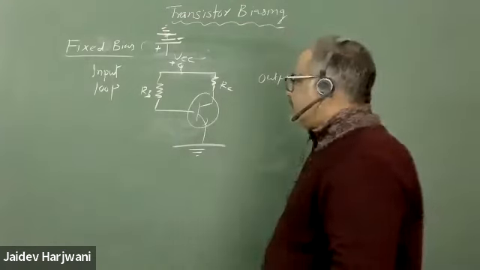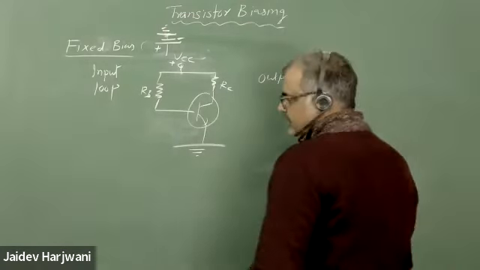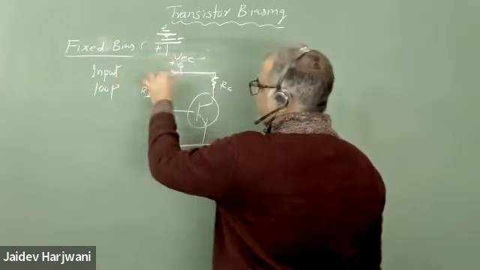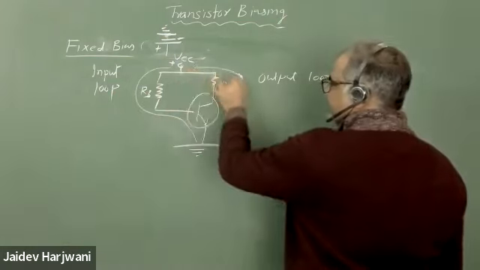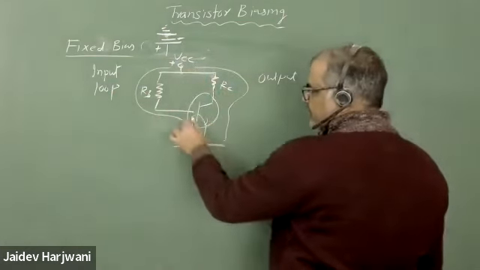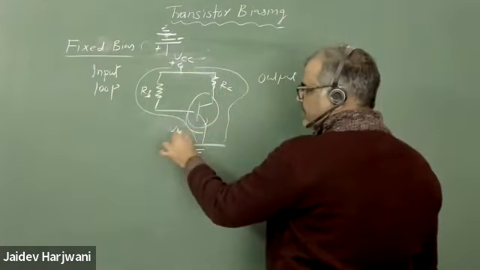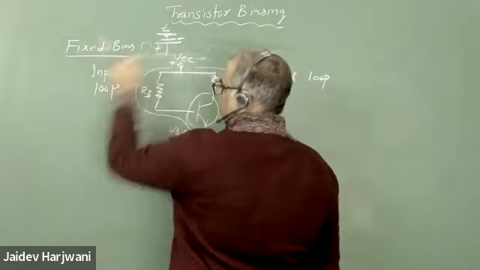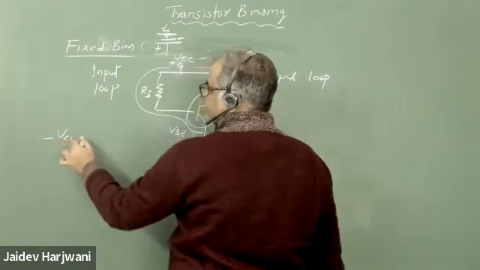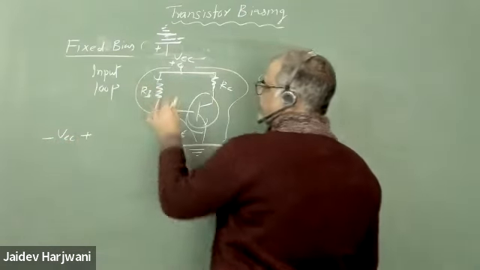Now you write the equation for KVL through this input loop, and similarly you write KVL for the output loop. Here the voltage is VB. So I can write minus VCC plus IB RB plus VB equals 0.